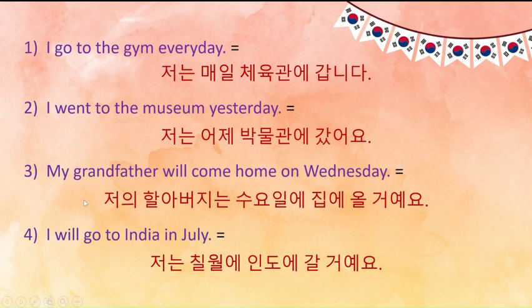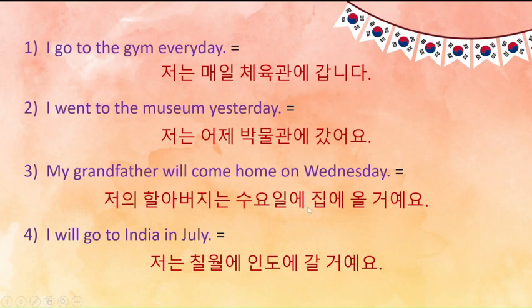Fine. Next example is my grandfather will come home on Wednesday. 저의 할아버지는 수요일에 집에 올 거예요. Okay, now my grandfather is 저의 할아버지는. Again you can see 에 is used twice. One to denote the time and the second one is to denote the location. 수요일에 is Wednesday.